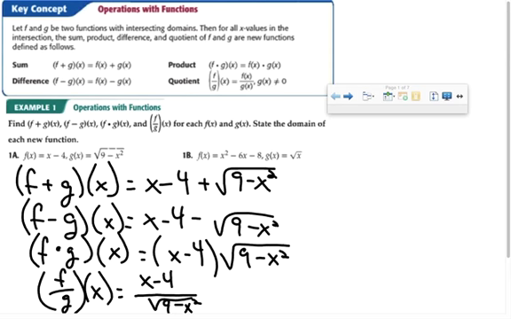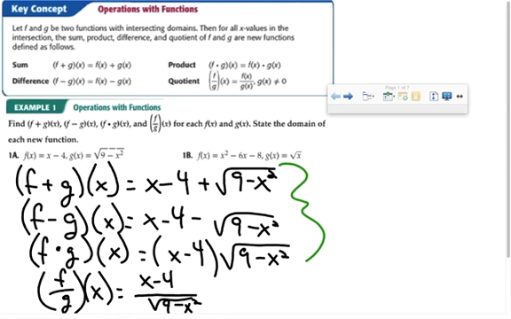Then they're also asking us for the domain of each new function. And what I'd hope that you'd realize is that the restriction on our domain has to do with that square root. Remember that you cannot take the square root of a negative number. Okay? So for all of these, what we need to figure out is what values of x are safe in keeping us from trying to take the square root of a negative number.